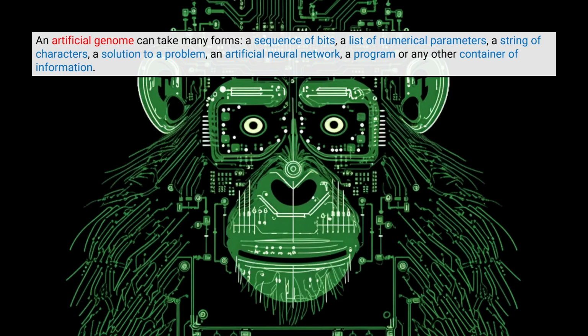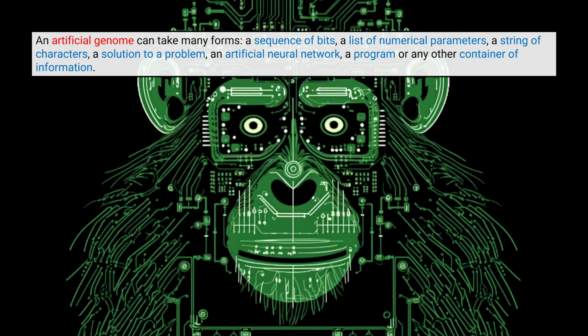In DNA, we use G, A, T, and C, which are the first letters of the names of the chemicals involved in DNA. So we can sometimes abstract away DNA. It's not chemicals anymore, it's just a string of G's, A's, T's, and C's, in the same way that a binary string is just a string of zeros and ones. And so we can take that inspiration and build artificial genomes that also have that property, that they are a string.